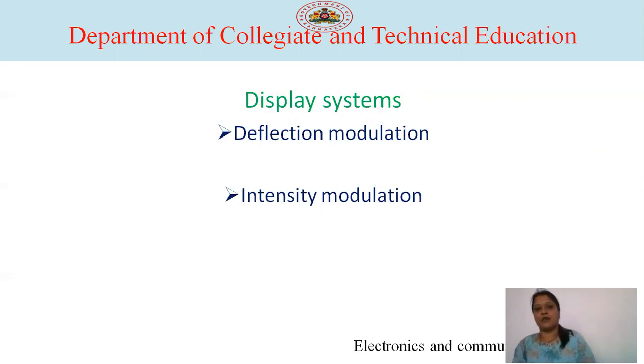It shows the waveform there, therefore it is called deflection modulation. But in some other types of displays, whenever the input signal is applied, the intensity of the beam changes, whether low intensity or high intensity. Therefore, bright spots are produced on the screen. That is called the intensity modulation type of display.